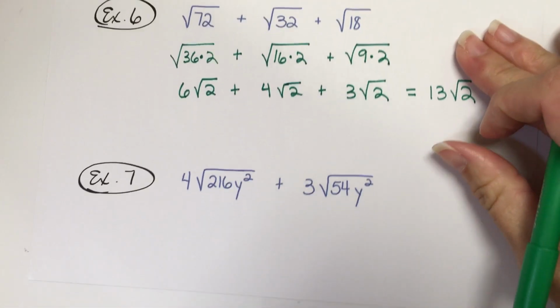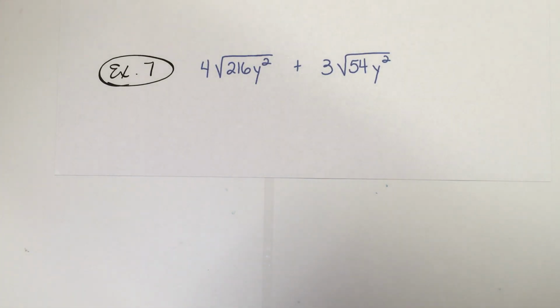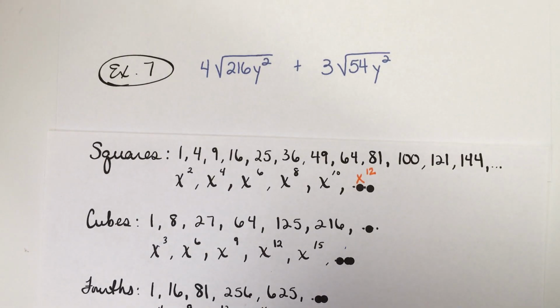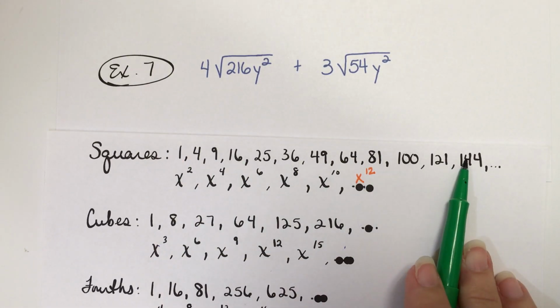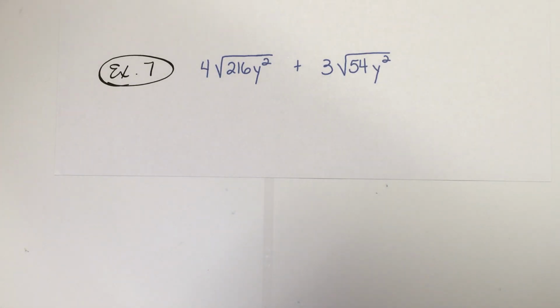Okay, one more of these. And the difference that we have here is that we've got variables involved, but we worked with those in the previous section. Okay, so these are square roots. So again, you're going to look at your list of perfect squares when you simplify this. Now, 216 is not a perfect square, but I do believe 36 goes into it.